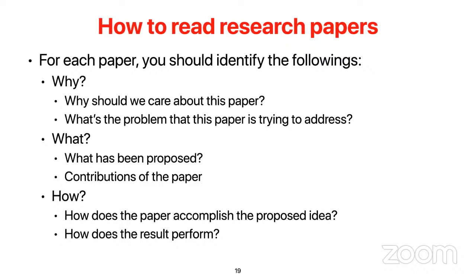You should try to figure out where are the whys, where are the whats, and where are the hows. And what are the whys? For each paper, they should have a story to tell you why you should care about this paper. It will tell you why we should have this paper, in a way that the paper is addressing what kind of important problem.